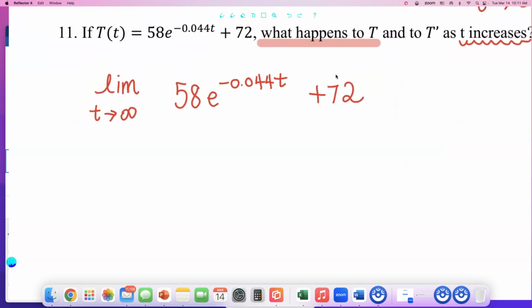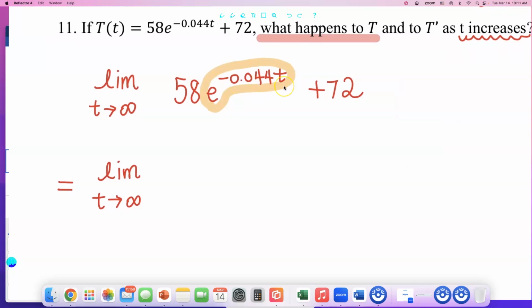We can do this. For this one, I'm going to rewrite that first exponential term, okay? Look at this. I'll highlight this. That is an exponential term with a negative exponent, right?